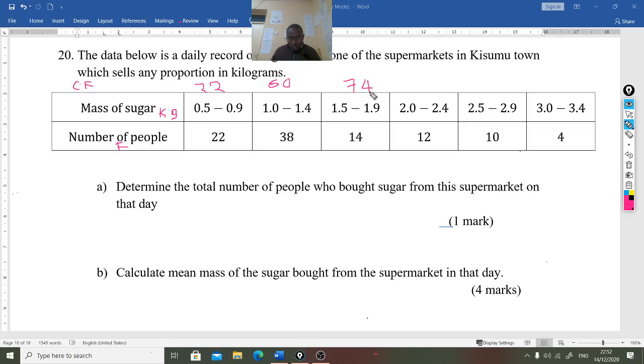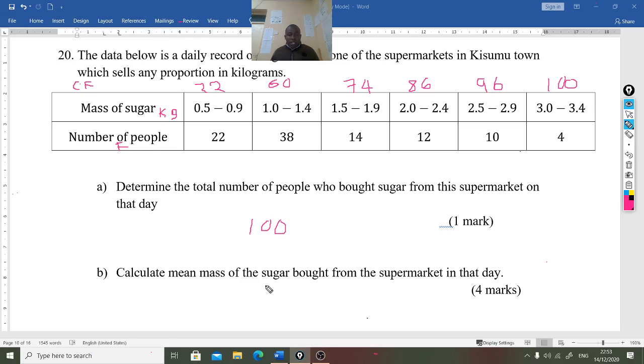Then we add 12, and we shall have had 86 people. Then we add 10, gives you 96 people. And then you add 4, gives you 100. So the total number of people was 100.